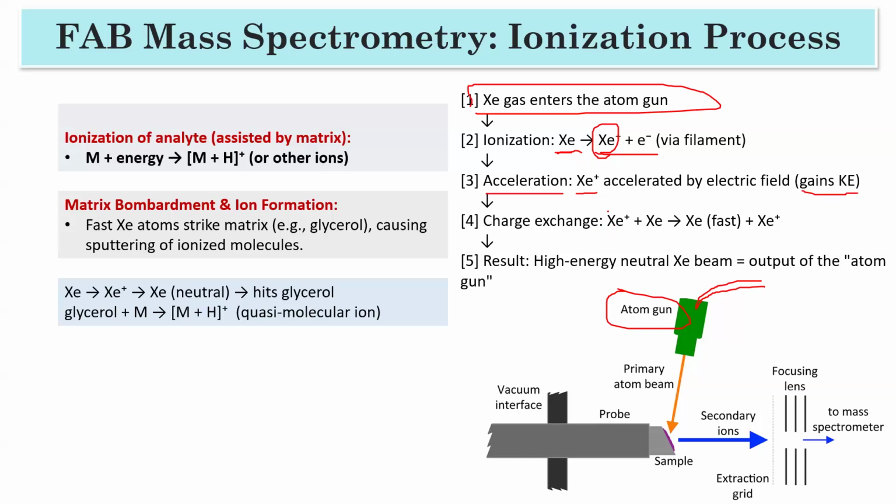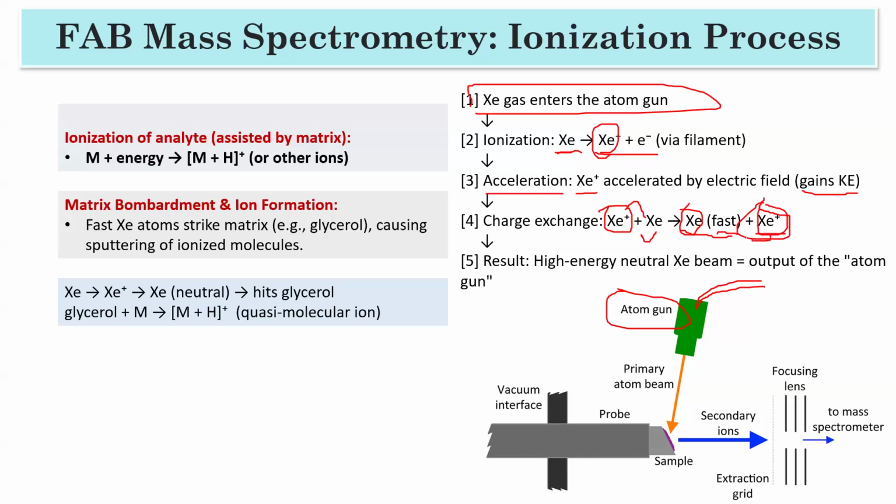And then this xenon plus will hit another xenon which is neutral, and kinetic energy will be exchanged between these two. This neutral xenon will gain kinetic energy, so that's why we are writing it as fast. And this xenon plus will have less kinetic energy.